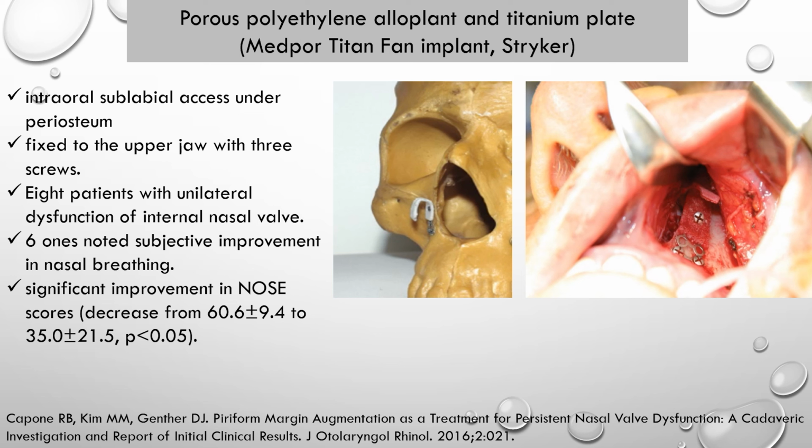The authors observed significant improvement in nose scores. Only 1 patient noted discomfort on palpation of the implantation zone. The authors didn't consider aesthetic changes, but they demonstrate treatment of persistent unilateral internal nasal valve dysfunction via piriform aperture augmentation.